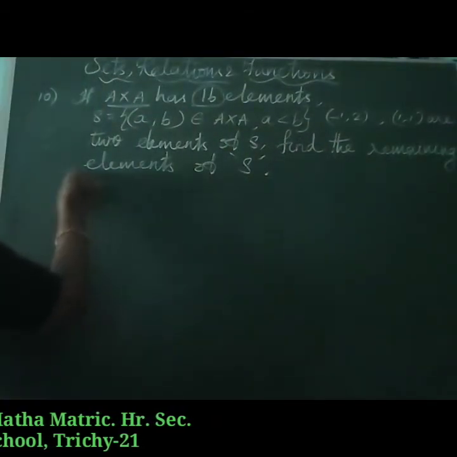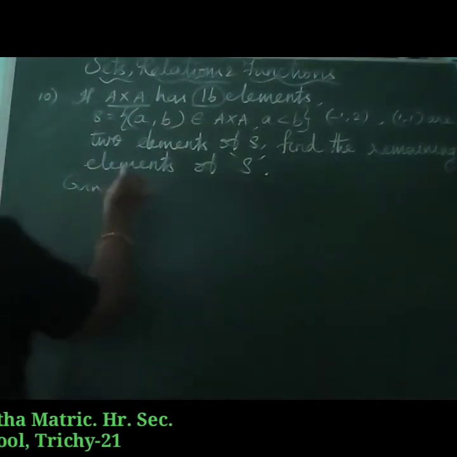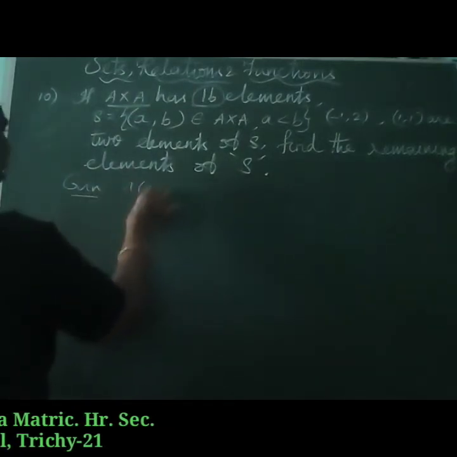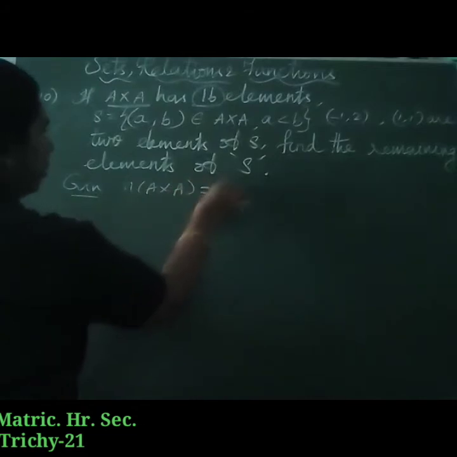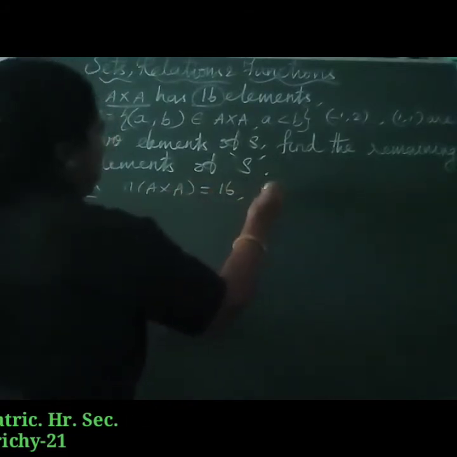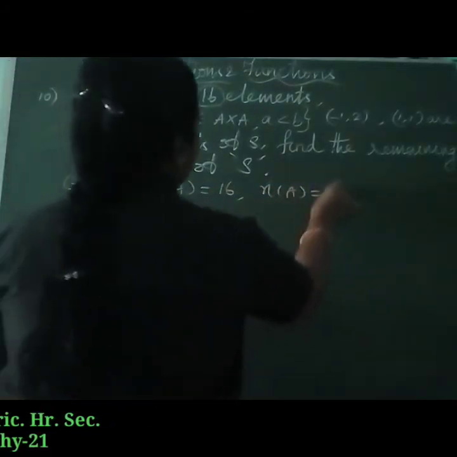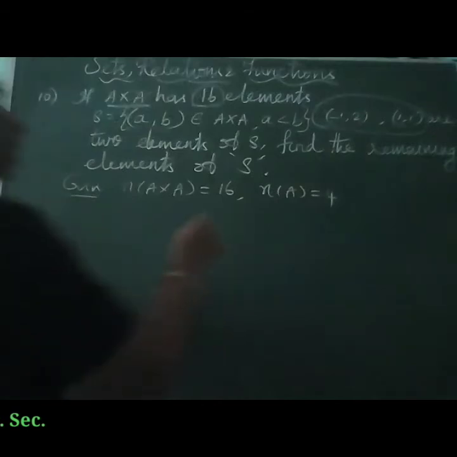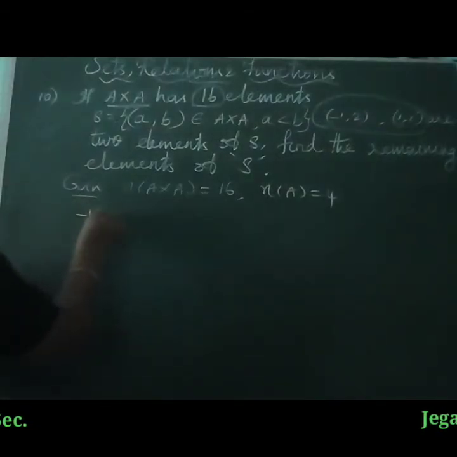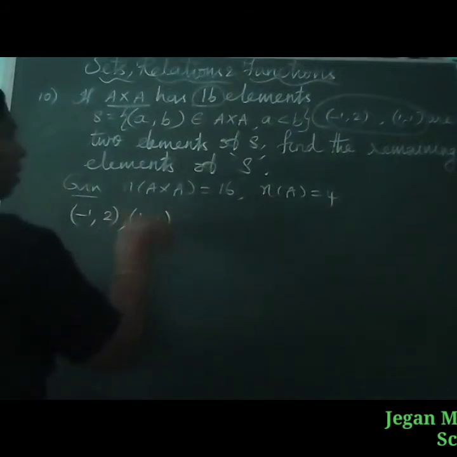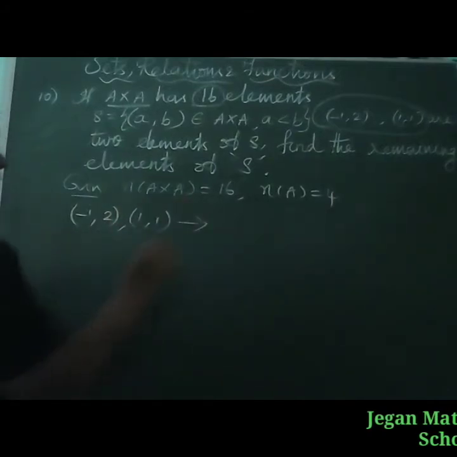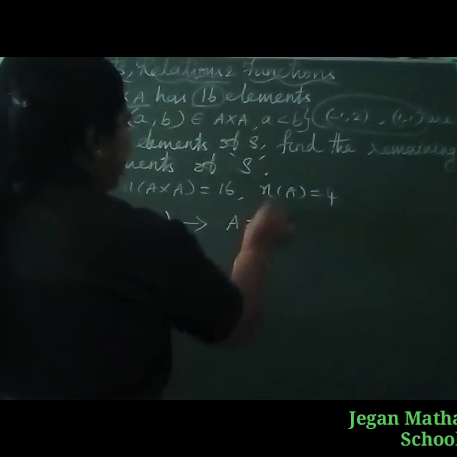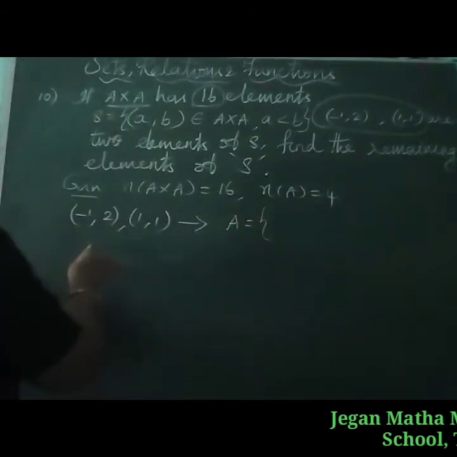Since in the question, n(A cross A) is equal to 16, n(A) is equal to 4. A has 4 elements. Then two elements of S are given, (-1, 2) and (0, 1). From this we can define the set A has 4 elements.